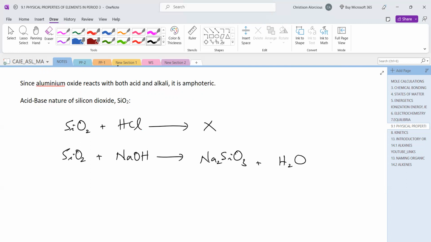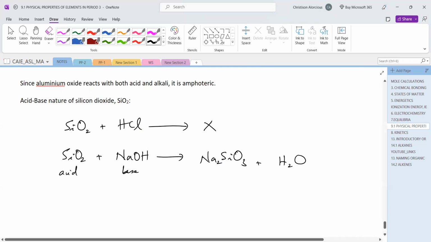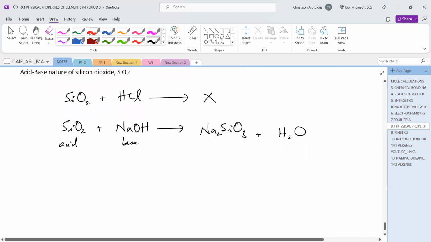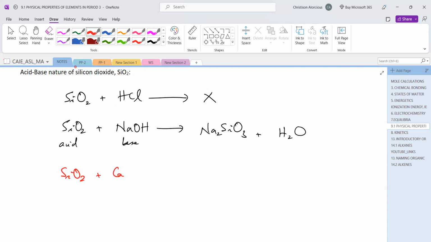Okay, that tells you that if this is your base, here silicon dioxide is acting as the acid. Now, from your IGCSE days, you would have come across this reaction when silicon dioxide present in sand reacts with basic oxide, calcium oxide, to produce calcium silicate, which is your slag.